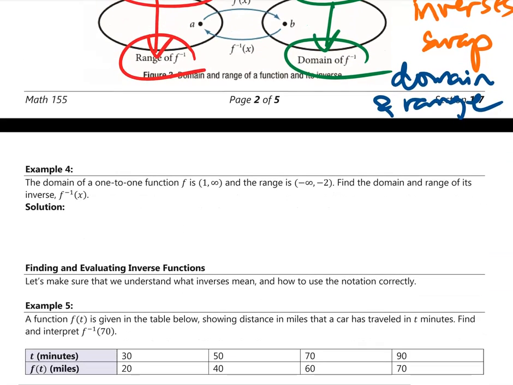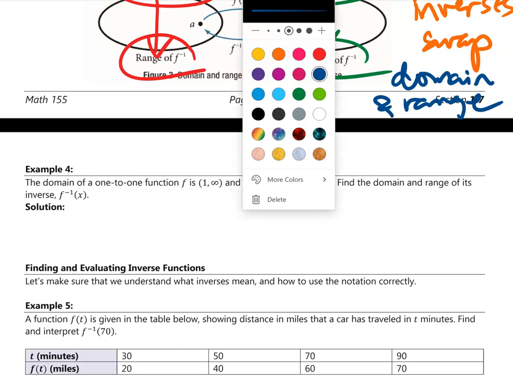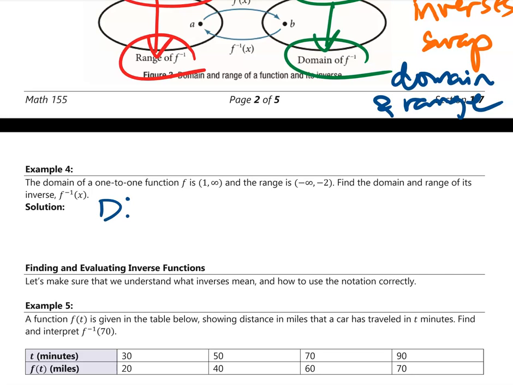So since inverses swap domain and range, let's answer example number 4. The domain of one-to-one function f is 1 to infinity, and the range is from negative infinity to negative 2. Find the domain and range of its inverse. So I'm just going to write the given here. Domain is from 1 to infinity, and range is negative infinity to negative 2. So this is for f.